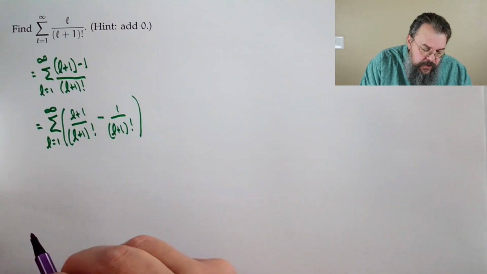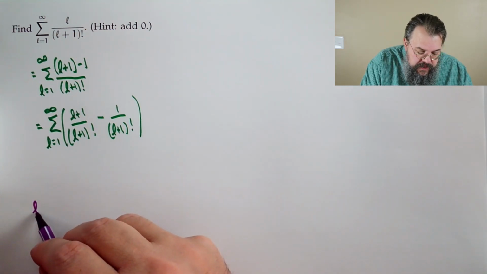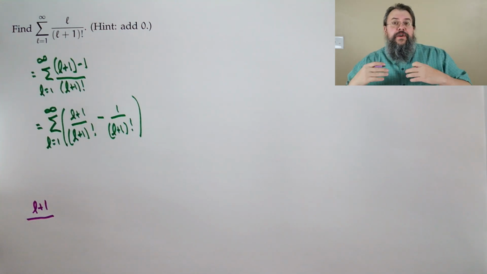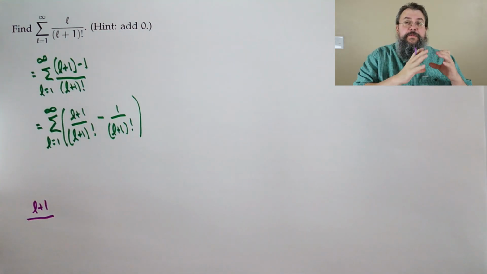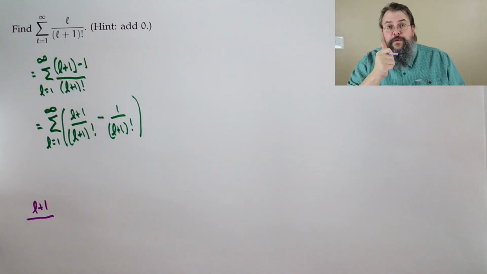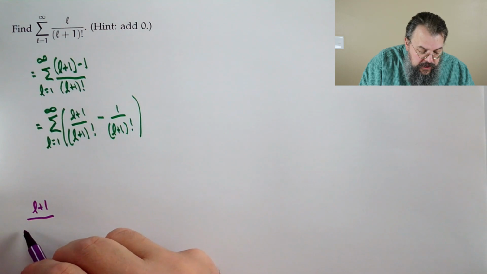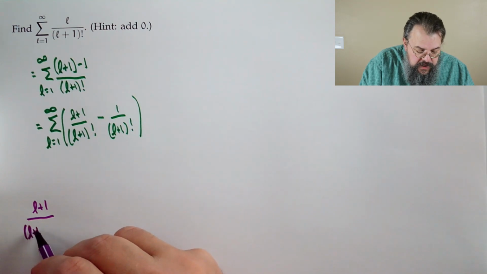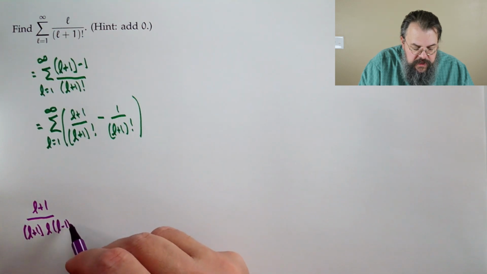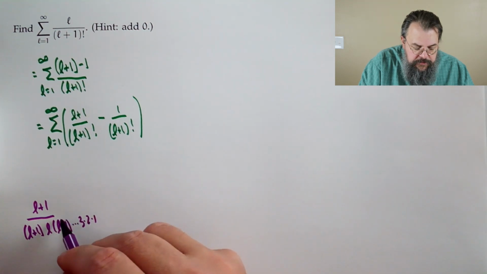So remember, what do you have? You have an L plus 1, and L plus 1 factorial means you start at L plus 1 and you keep multiplying: L plus 1, L, L minus 1, until you get down to 1. So L plus 1 factorial would be L plus 1 times L times L minus 1, all the way down to 1.